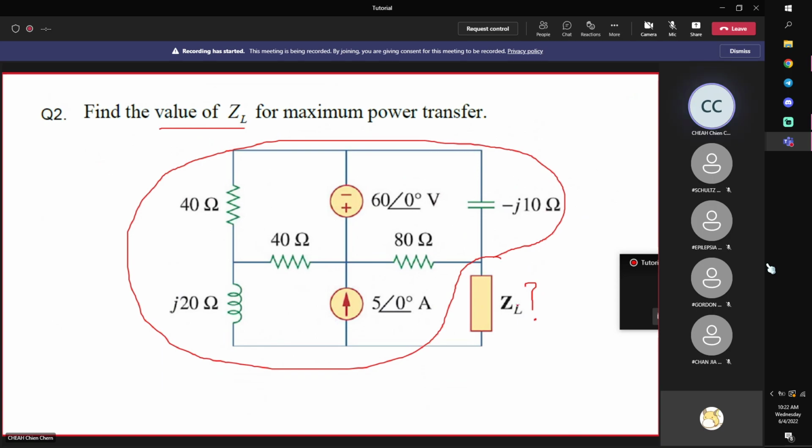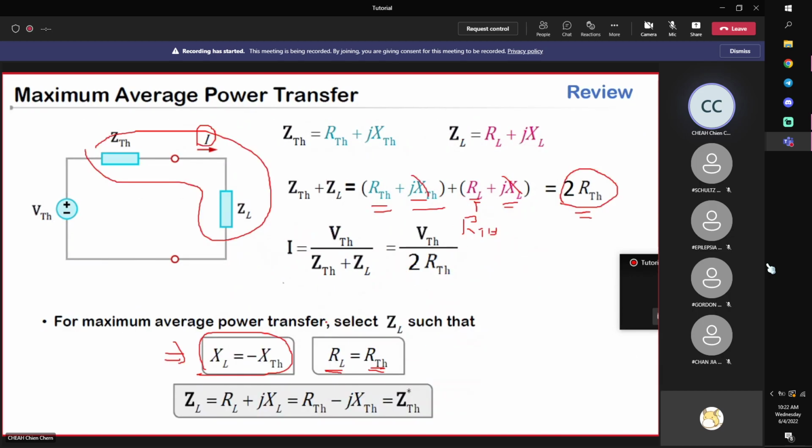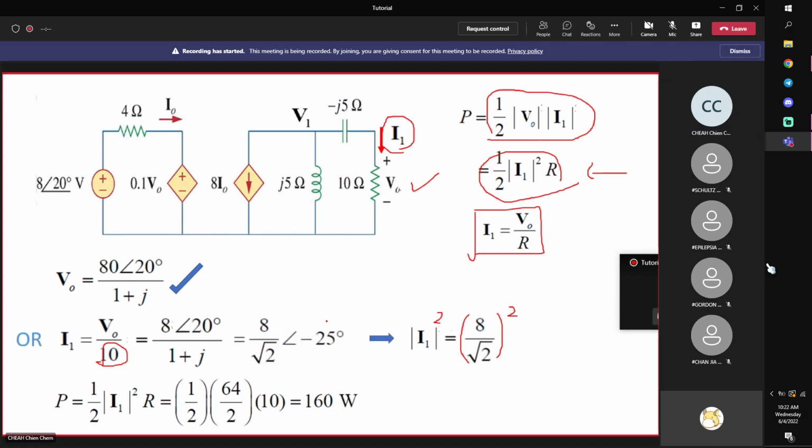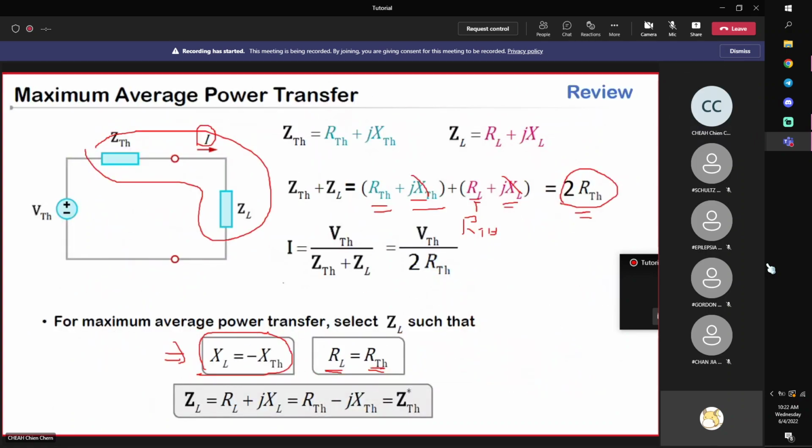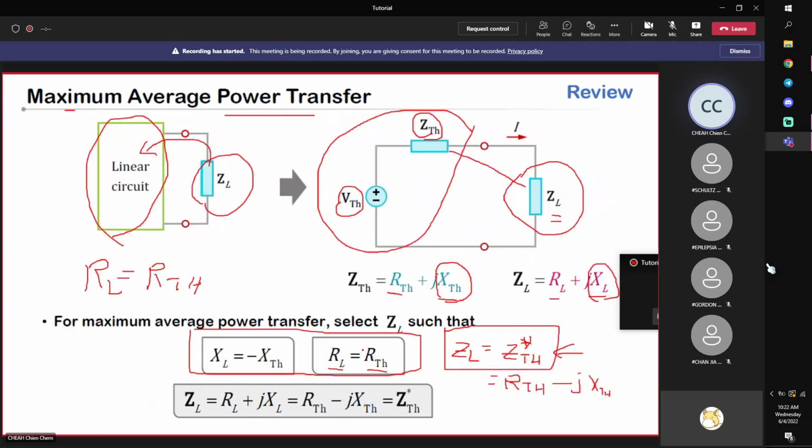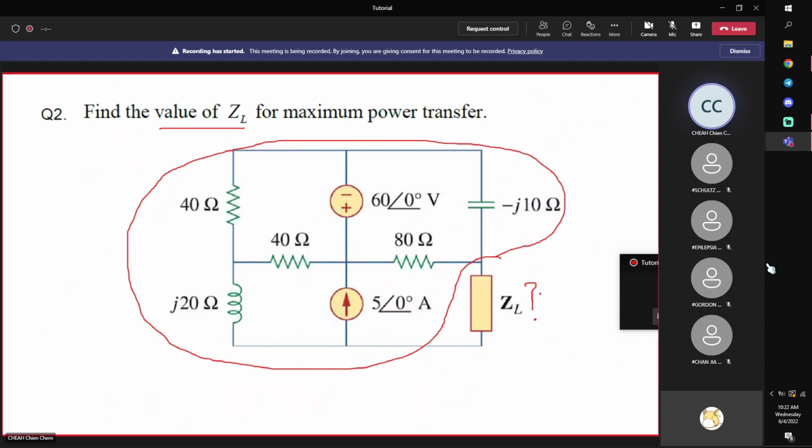This means that you only need to find the load. Remember just now I've shown the condition is that ZL is equal to ZTH complex conjugate, which means this load should be equal to ZTH complex conjugate. So this is what we want to find.